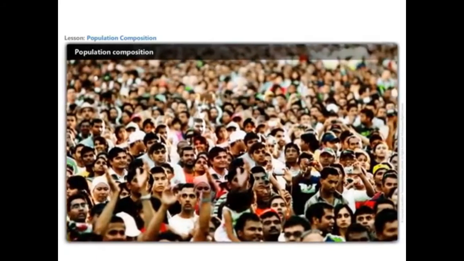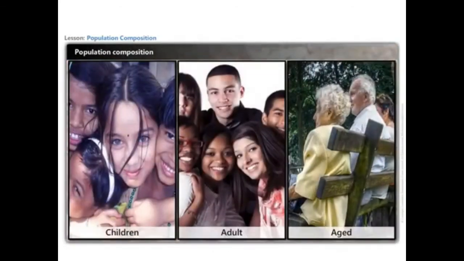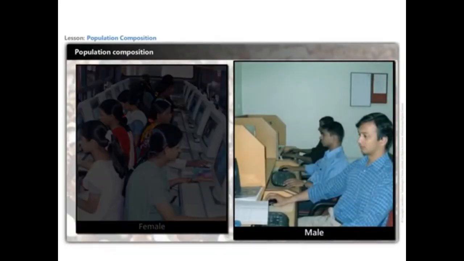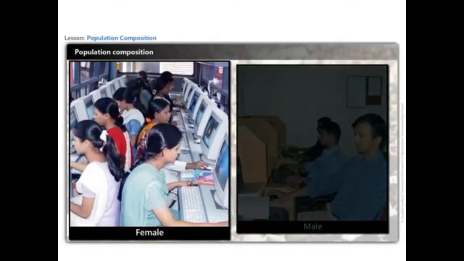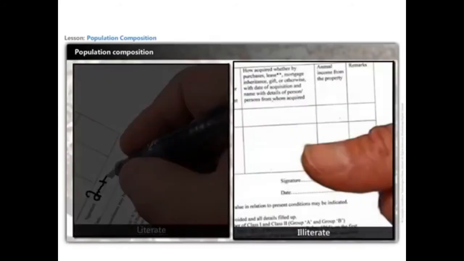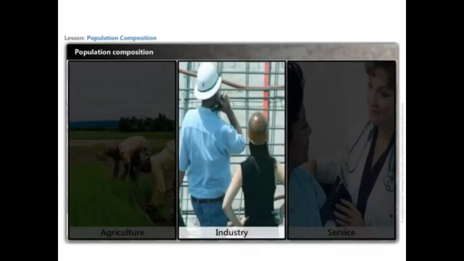In other words, population composition helps us to know number or percentage of population in each age group, number of female and male population or number of female per 1,000 male, number or percentage of literate and illiterate population, number or percentage of people belonging to each economic sector, agriculture, industry, and service. Income level of the population.